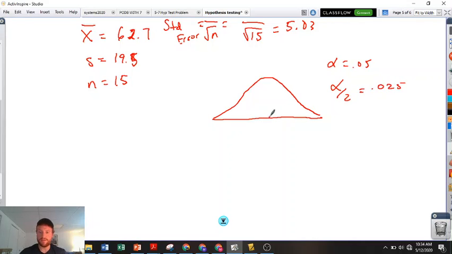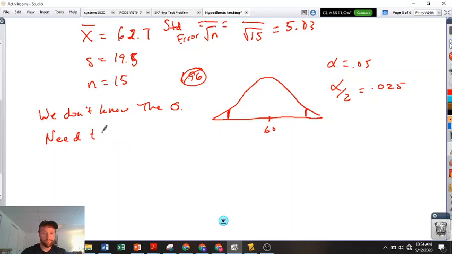So we're going to put 60 in the middle, and I'm going to go out to a spot that splits into 5%. Here's the problem. We can't use 1.96. We can't use z because we don't know the sigma. Okay, so we need t.